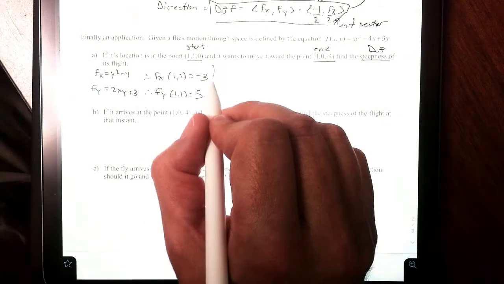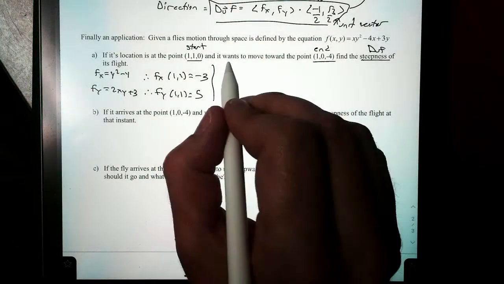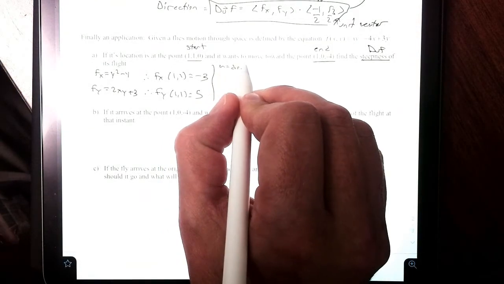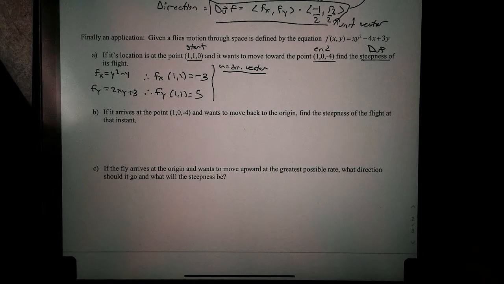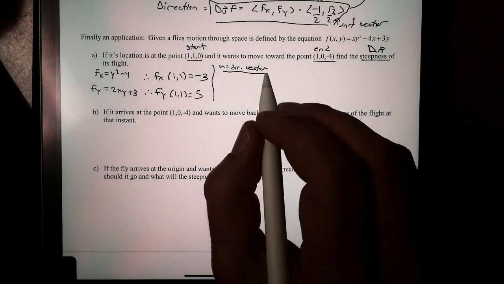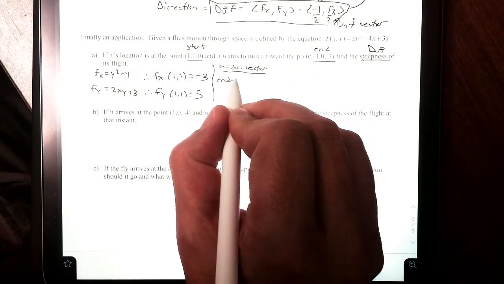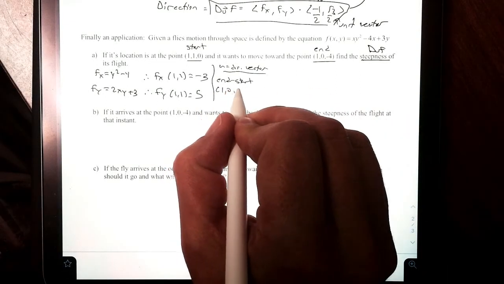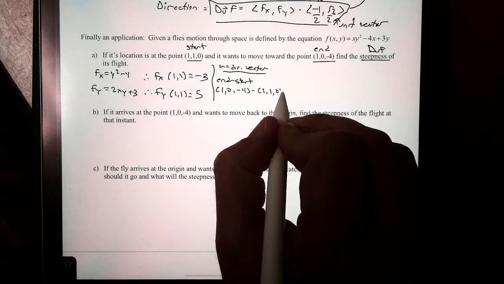Now, the only other thing we need is the direction vector. That's u. We need u, which is our direction vector. It is going to be normalized, so we want to make it a unit vector. We'll deal with that when we can. So let's go and get our direction vector. To do this, we're going to take our endpoint minus our start point. In other words, we can take the point 1, 0, negative 4, minus 1, 1, 0.